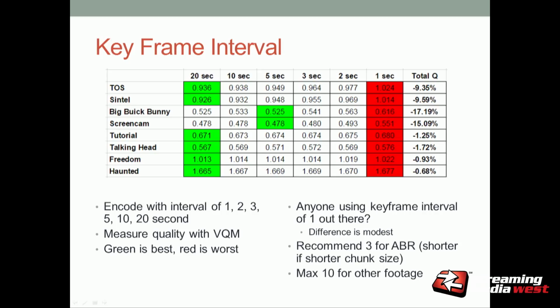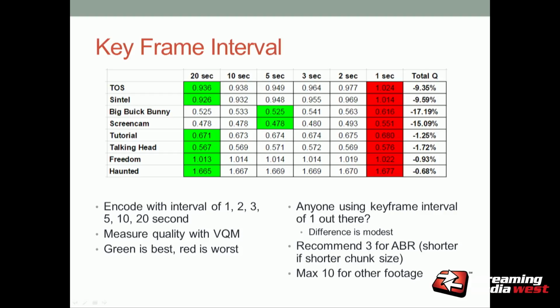What about keyframe interval? I know a lot of people coming from the broadcast world like a keyframe interval of 1, as compared to 3, which is pretty much what a lot of people use. It can produce a pretty significant difference. In all the tests that I did, the keyframe interval of 1 was the worst score. That's the red. And longer keyframe intervals produced better scores.